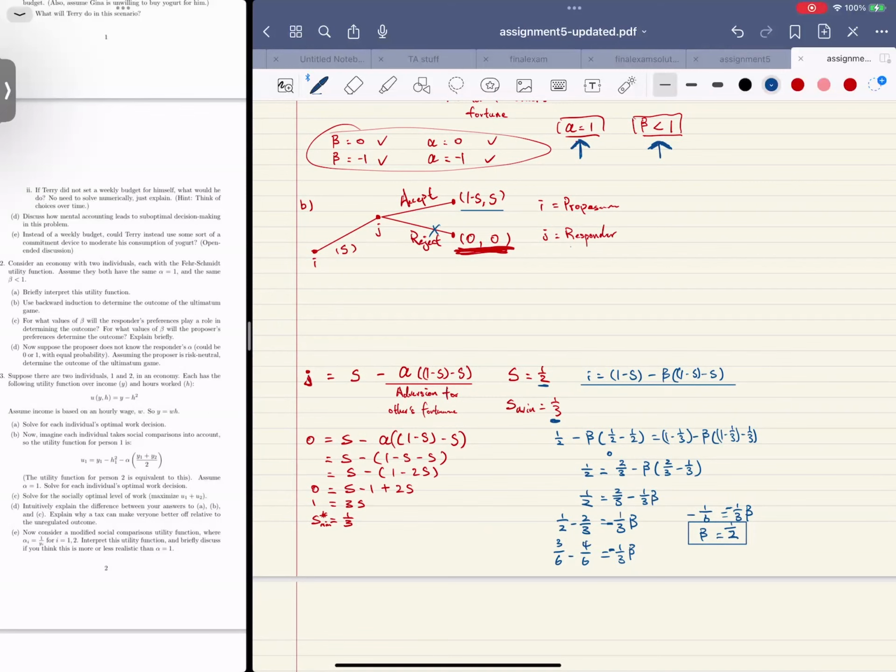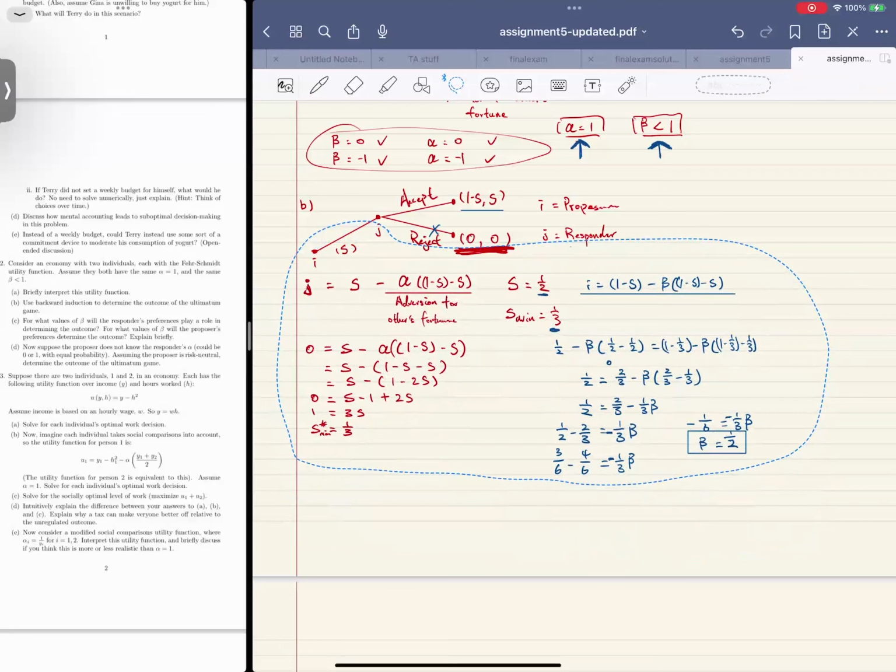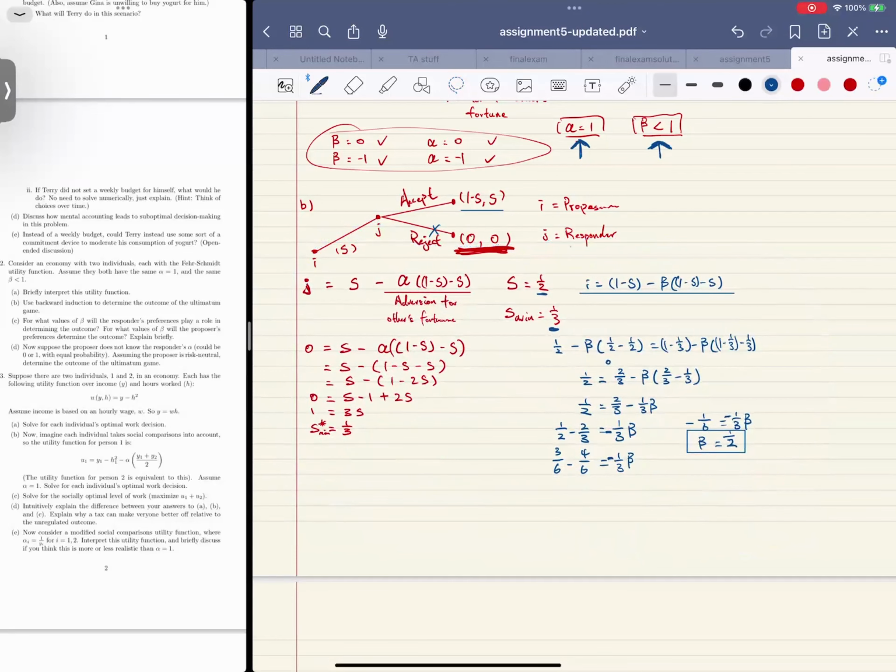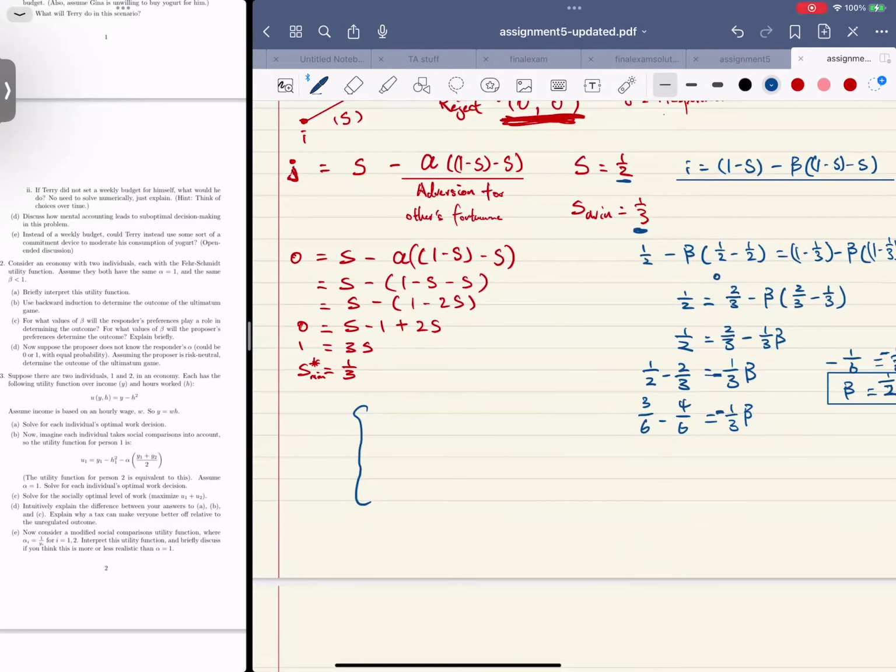You will have a combination of cases: beta is less than 1/2, beta equals 1/2, and beta is greater than 1/2. So at 1/2 it will be indifferent between 1/2 and 1/3.